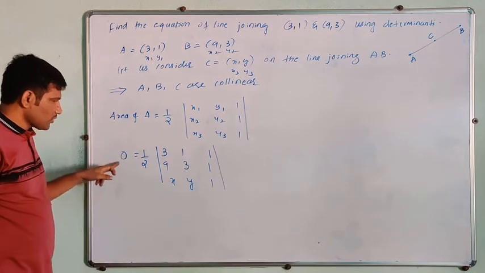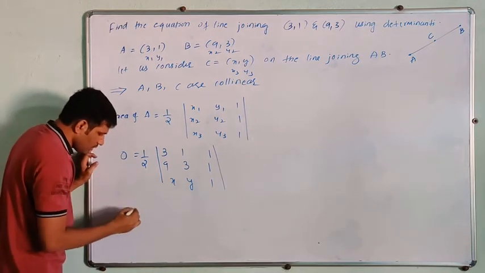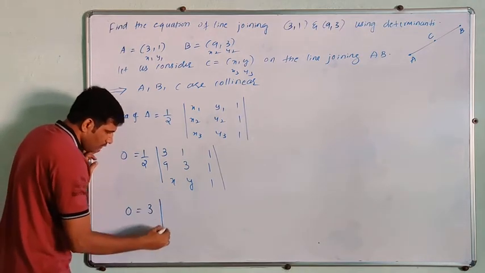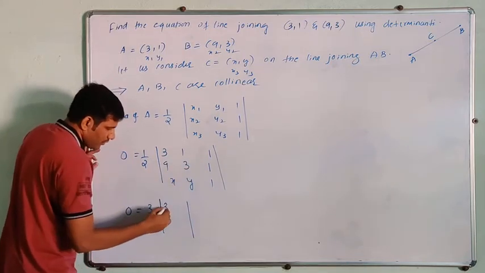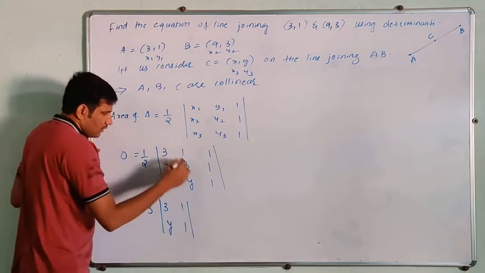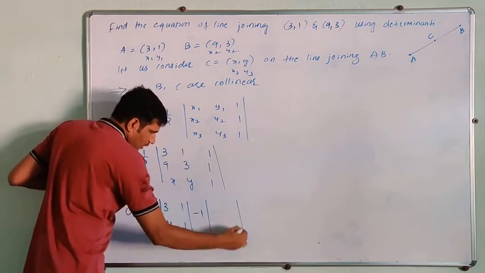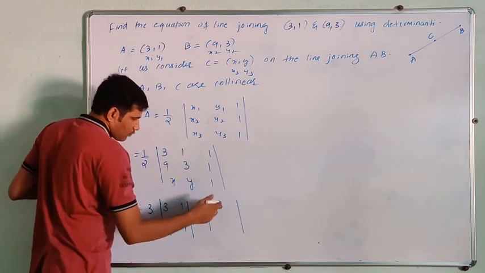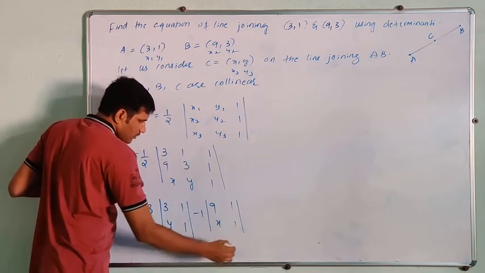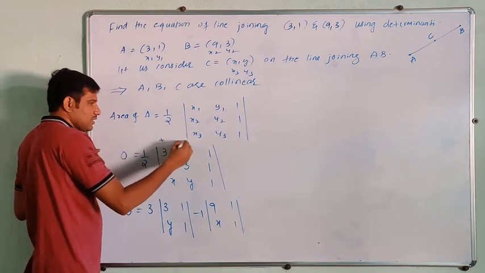Now expand the determinant: 0 is equal to 3 into the determinant of 3 1, y 1, then minus 1 into the determinant of 9 1, x 1, then plus 1 into the determinant of 9 3, x y. The signs are plus, minus, plus.